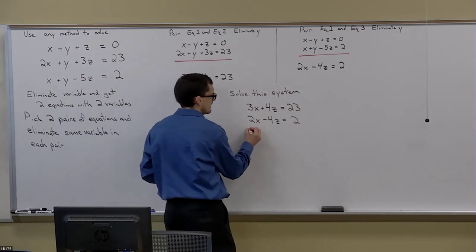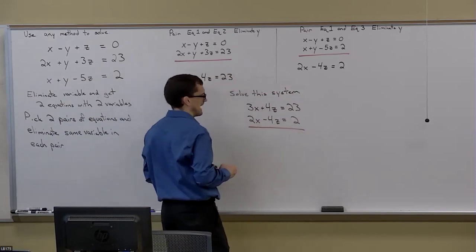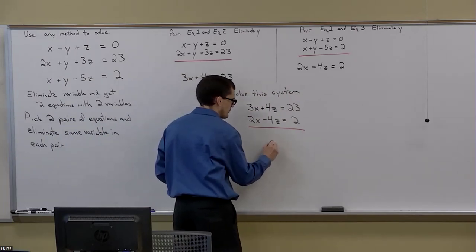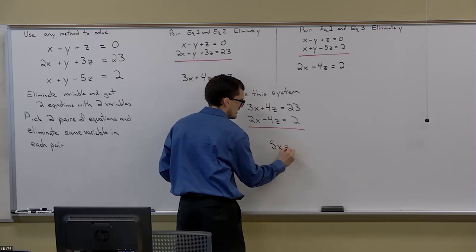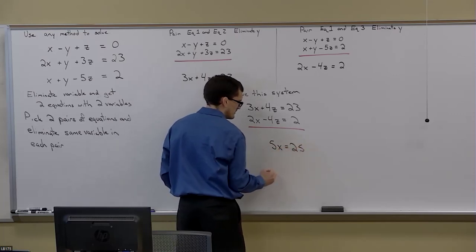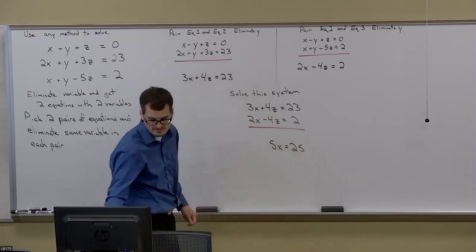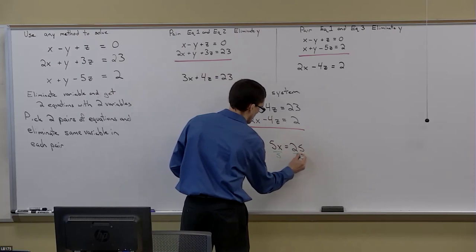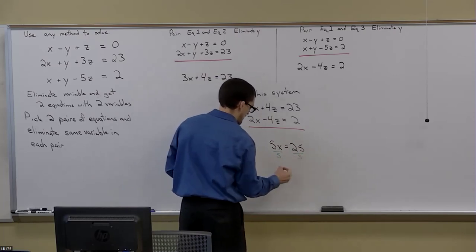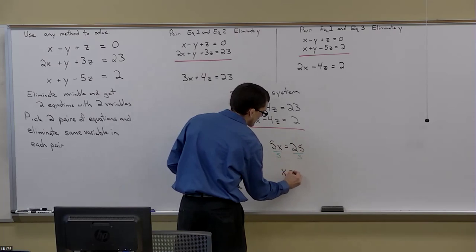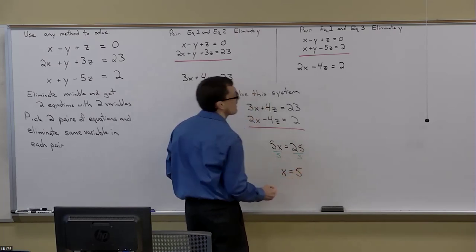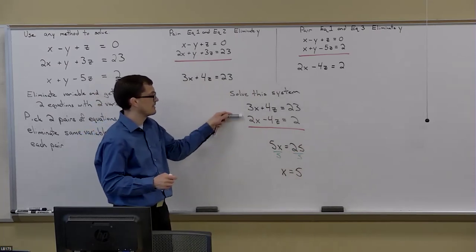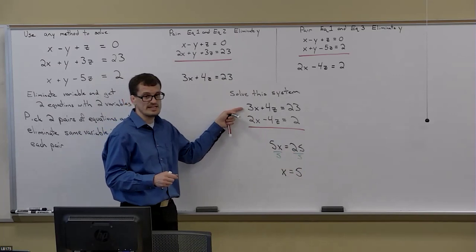So if we eliminate the z's by adding the two equations together, we end up with 5x is equal to 25, which means x has to be 5. Once I know that x has to be 5, I can plug that into one of these equations and find my z.